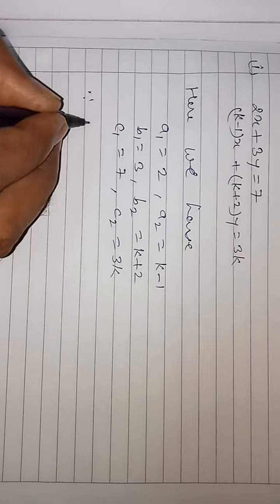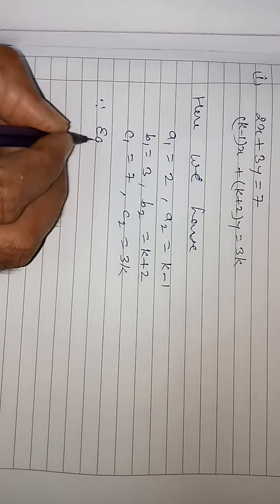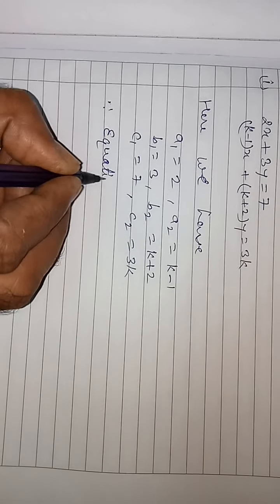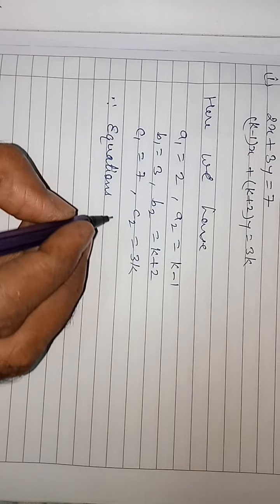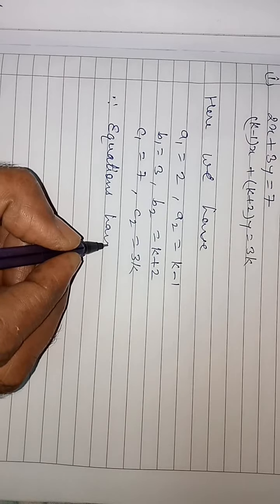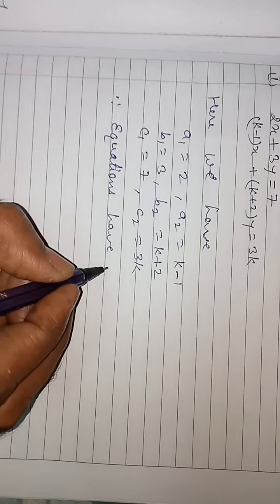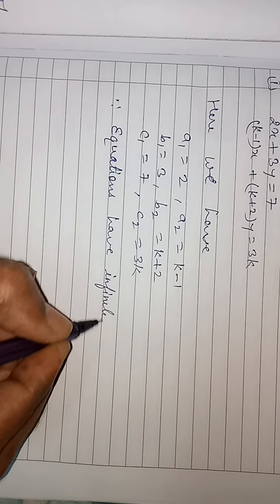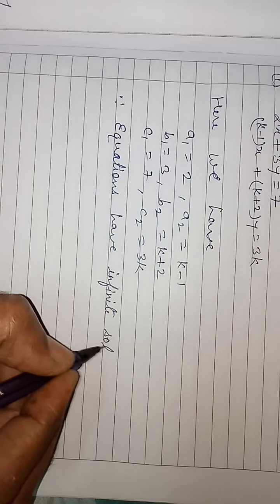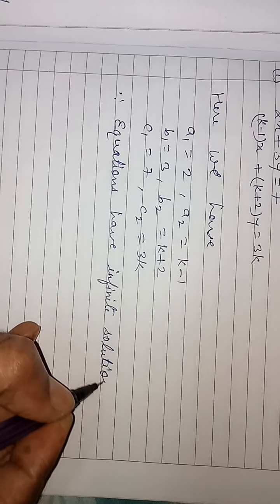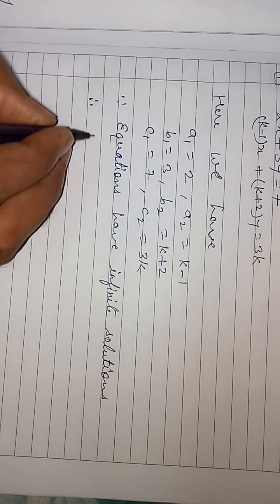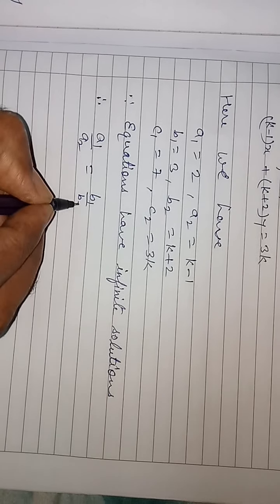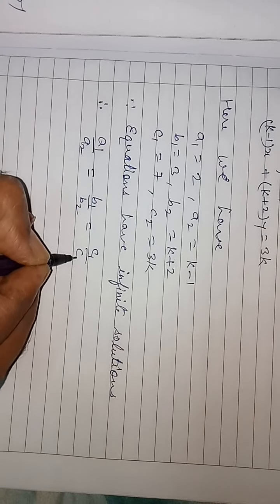Since the equations have infinite solutions, therefore a1 upon a2 is equal to b1 upon b2 is equal to c1 upon c2.